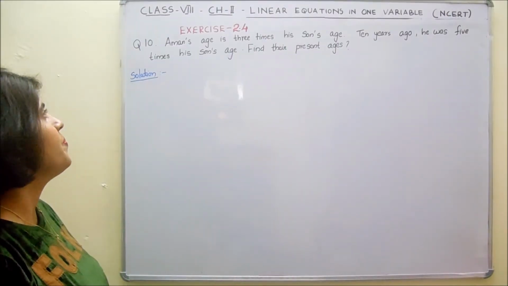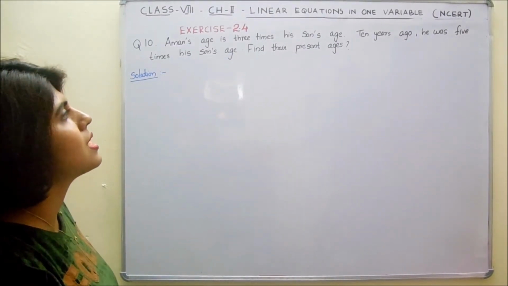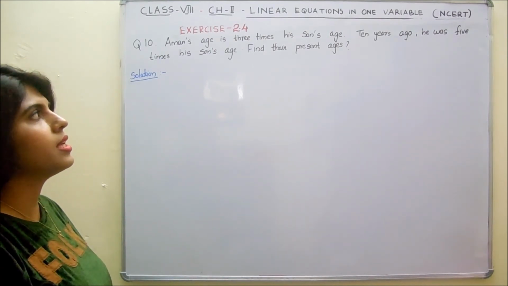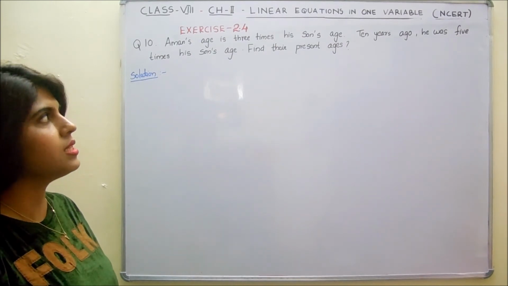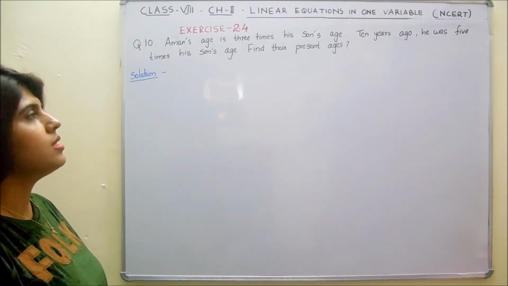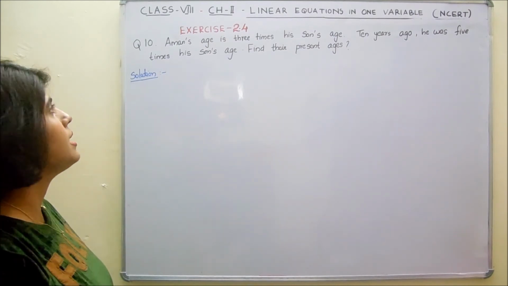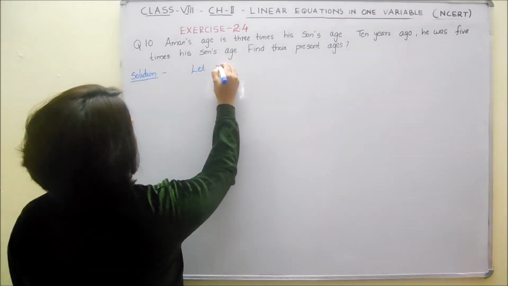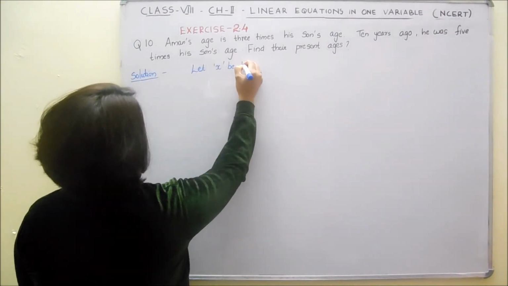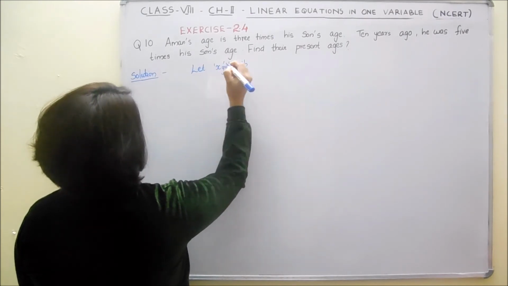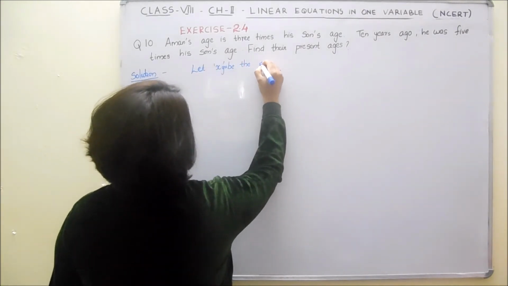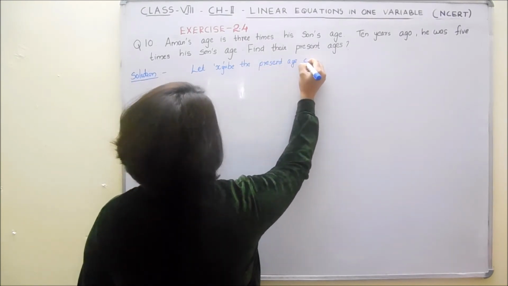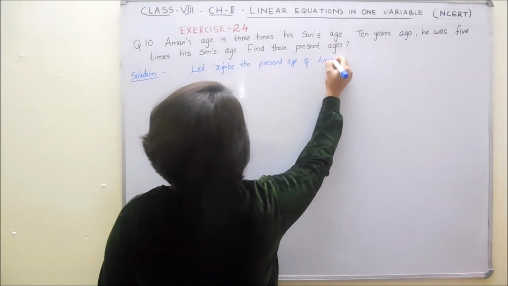Coming to 10th question. Aman's age is 3 times his son's age. 10 years ago, he was 5 times his son's age. Find their present ages. So we have to find the present ages of Aman as well as Aman's son. Right? Let x years be the present age of Aman's son.